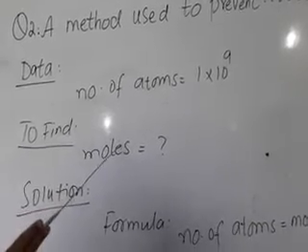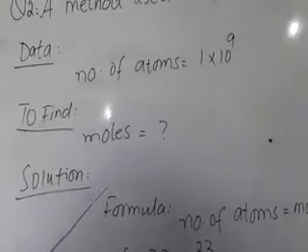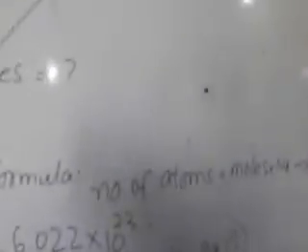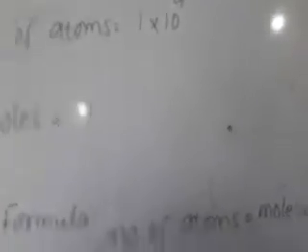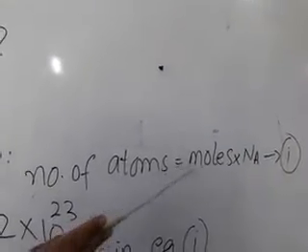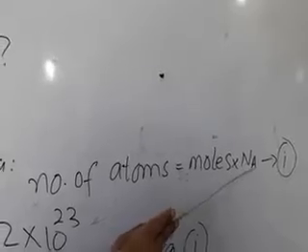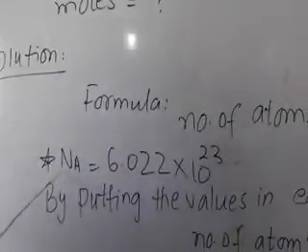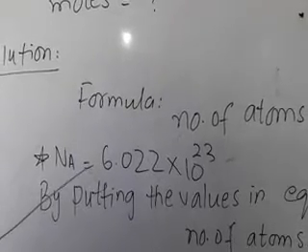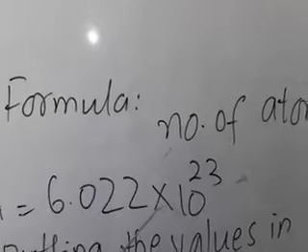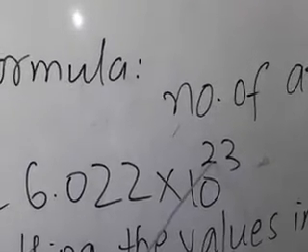So we are going to apply our equation about the number of particles. The particles discussed here are atoms. So we will modify our equation as number of atoms is equal to moles into Na. Na is Avogadro's number. Its mathematical value is 6.022 into 10 raised to power 23.